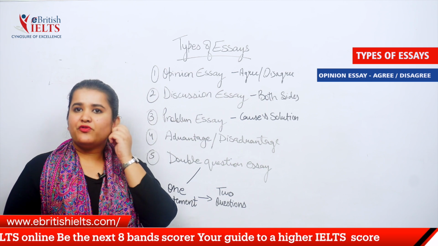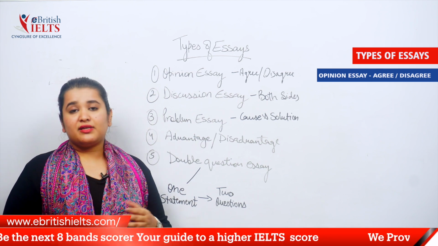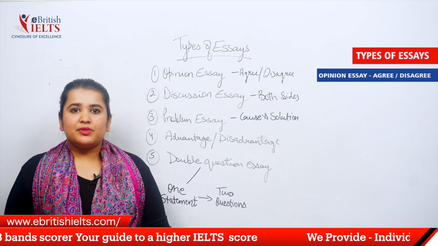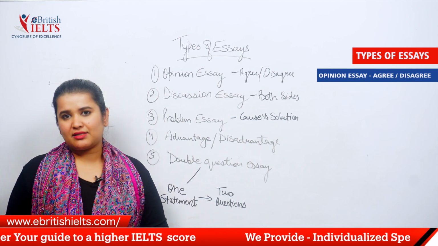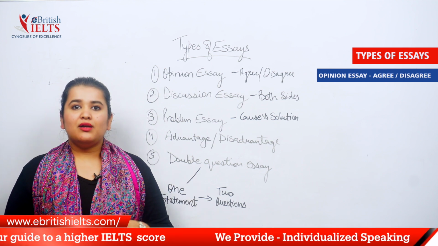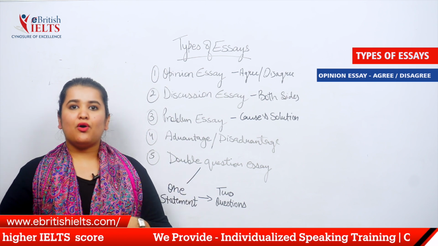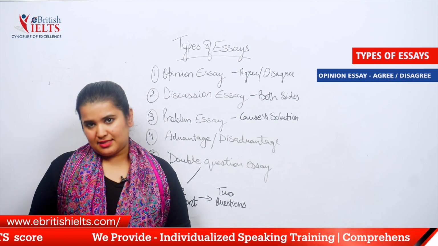So for example, say that you have about 5 points of agreement. So you're going to completely agree with the notion. But sometimes it happens that you have about 2 to 3 points in agreement and 2 to 3 points in disagreement. So now you can do something called partial agreement. So here you will mention all these points in the BP1 and BP2 and make a cohesive structured answer.